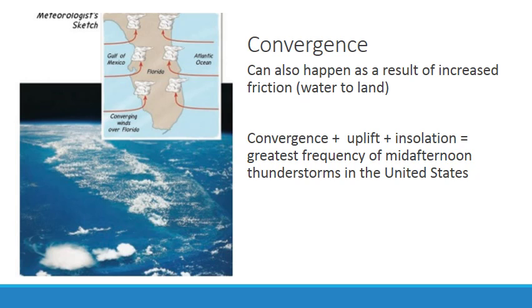And that leads to a big pileup of air along the coasts and general convergence over the peninsula. That pattern of convergence and uplift is aided by intense solar heating of the land. And as a result, Florida's peninsula experiences the greatest frequency of thunderstorms in the whole country.